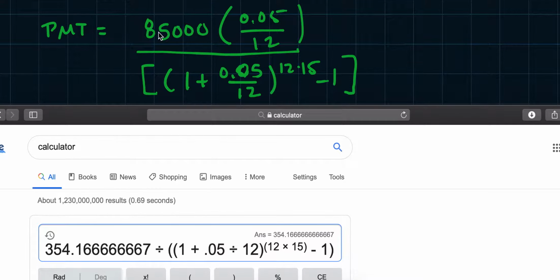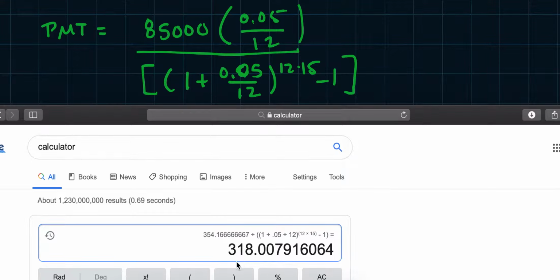Double check you have everything. We already did this part here. So divided by 1 plus 0.05 divided by 12 raised to the 12 times 15, subtract 1. We got the same answer, which is good. We should always get the same answer. 318.01.